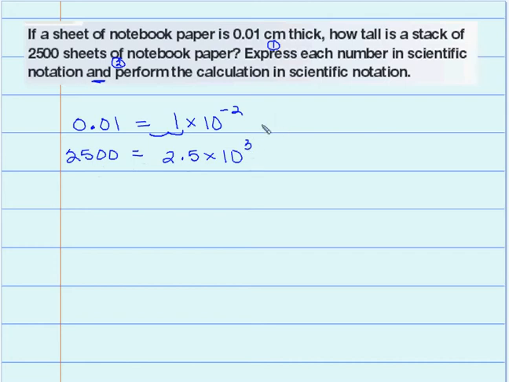Okay, so I have 2,500 sheets of notebook paper, and each one of them is this thick, so I need to multiply these two numbers. So if I take 2.5 times 1, I get 2.5. And if I take 10 to the negative 2 times 10 to the 3rd, I add those exponents because I'm multiplying, and I get 10 to the 1st power.